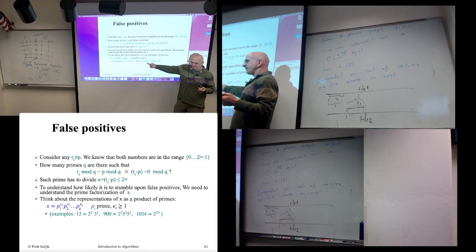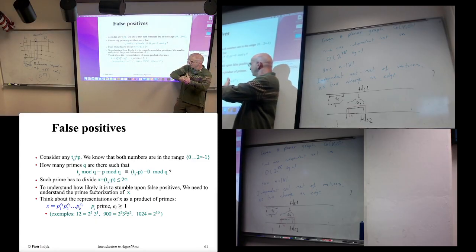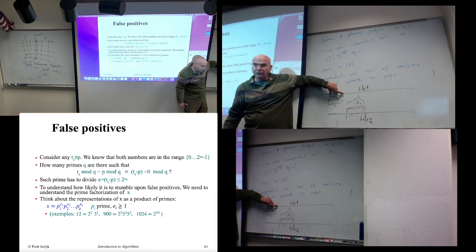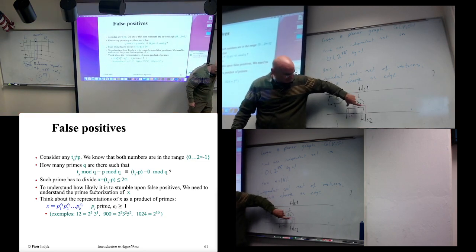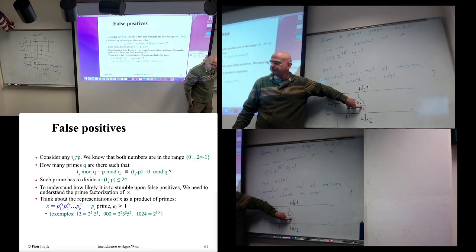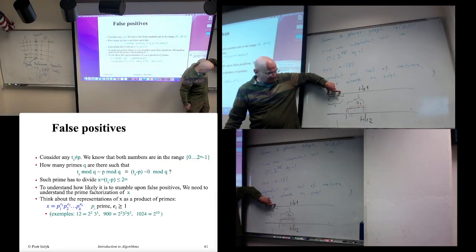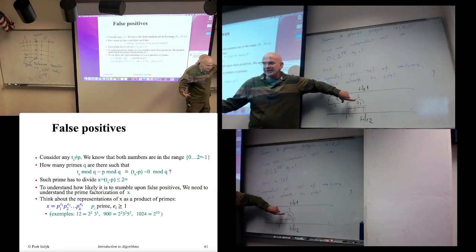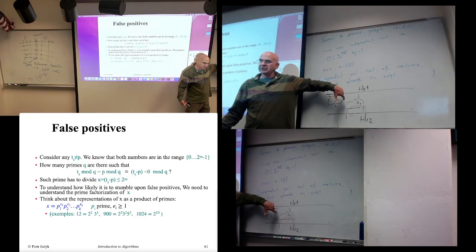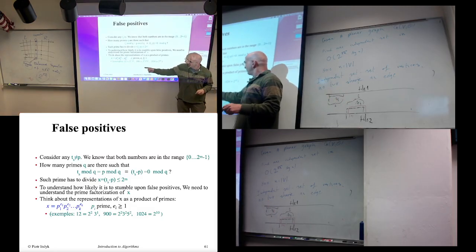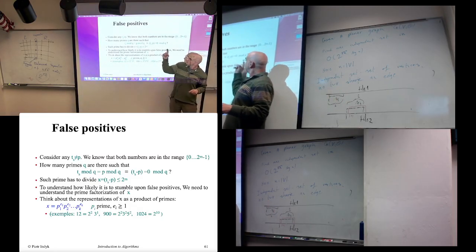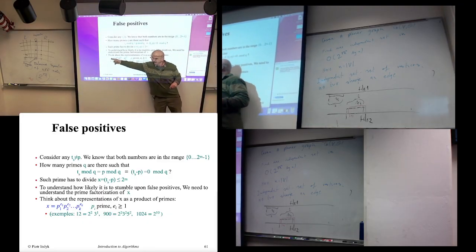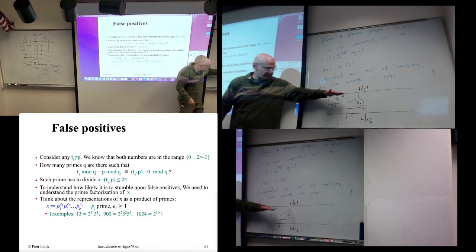So I have a false matching if the value I'm getting from here, modulo q, equals the value I'm getting here, modulo q, which happens only if this minus this is congruent to 0 modulo q, which happens if and only if q is one of the primes that divides x. X is the gap between this and this.